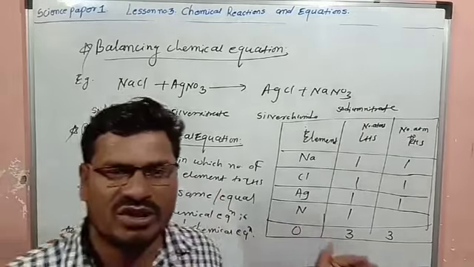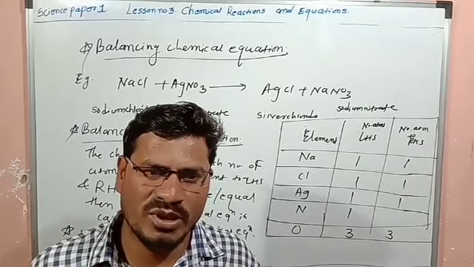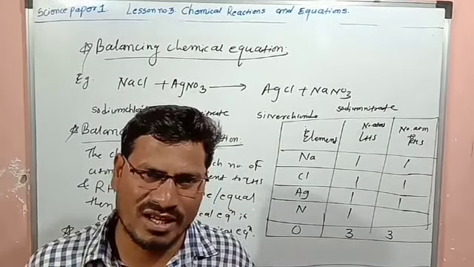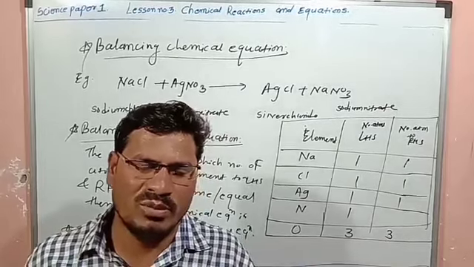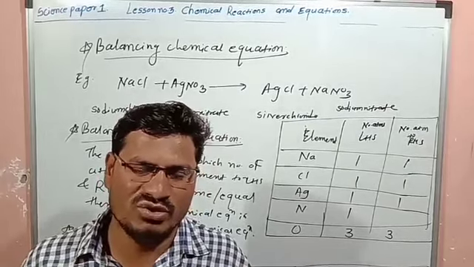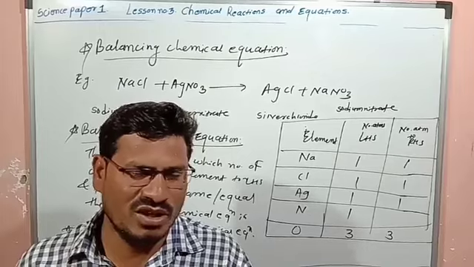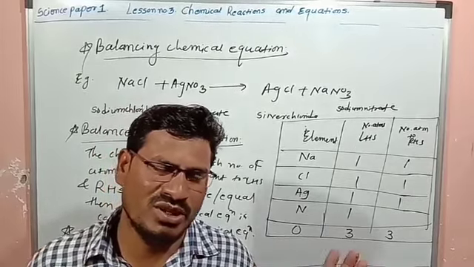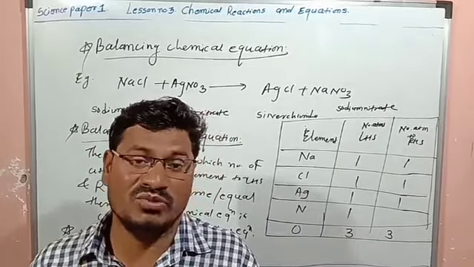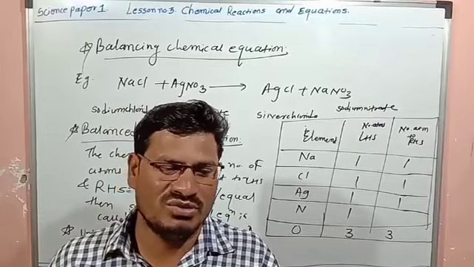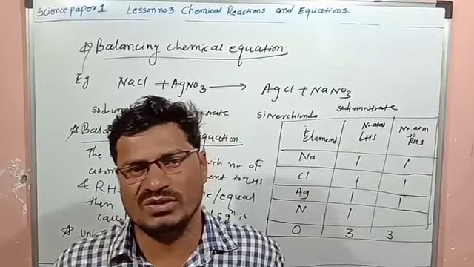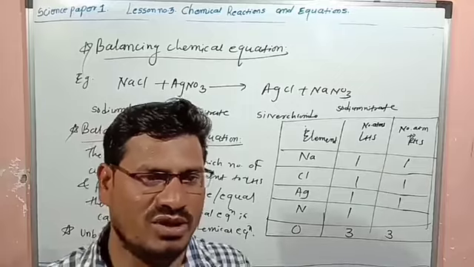The chemical equation in which number of atoms of each element to the LHS are not equal to the number of atoms of that elements to the RHS, then that chemical equation is called an unbalanced chemical equation.